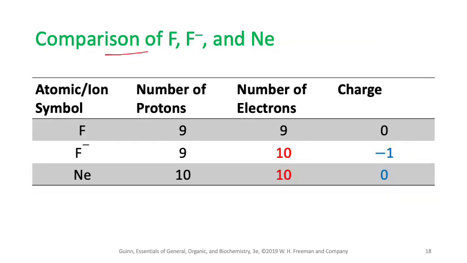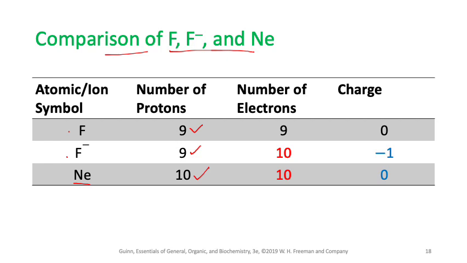Now let's compare the same thing again that we did for sodium. We have fluorine, fluoride (the F negative ion), and neon. The atomic number of fluorine is 9, so the number of protons is 9. For neon, the number of protons is 10 because the atomic number is 10. Now let's compare the number of electrons each has.